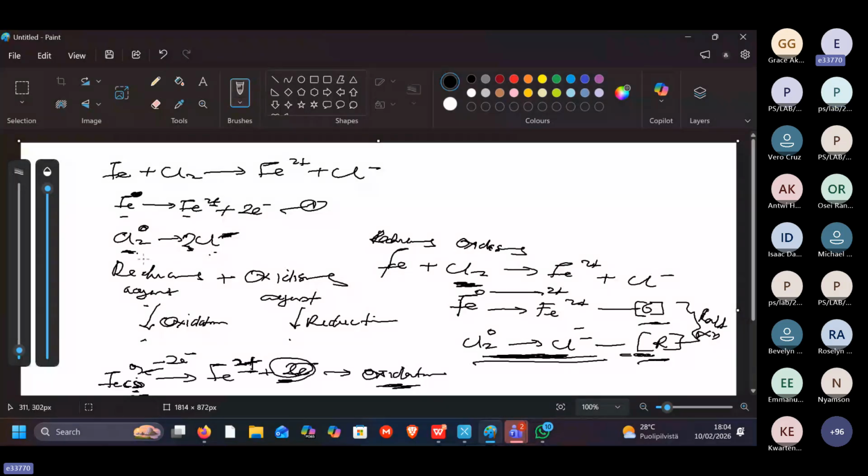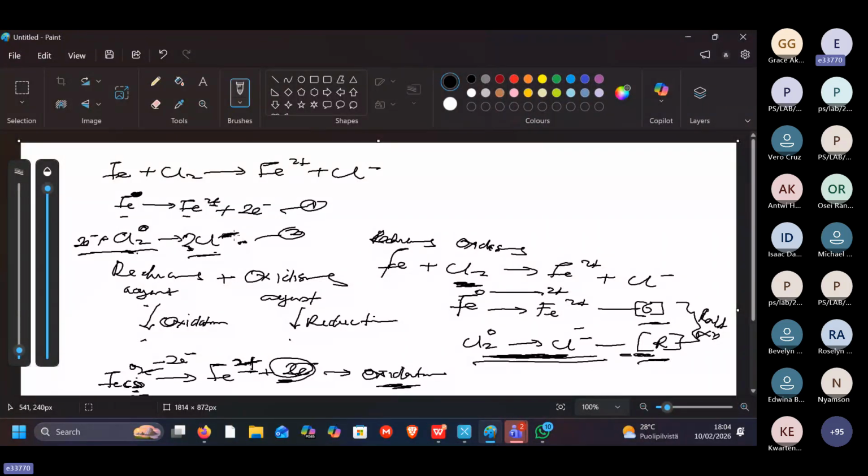So how do I balance the equation? If I put 2 electrons here, I'm going to have minus 4. So it's better I put 2 electrons on this side, so that this side will be minus 2, and this side will be minus 2. So this equation is also balanced.